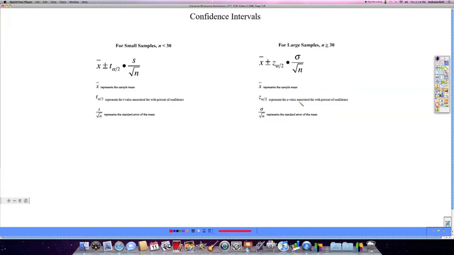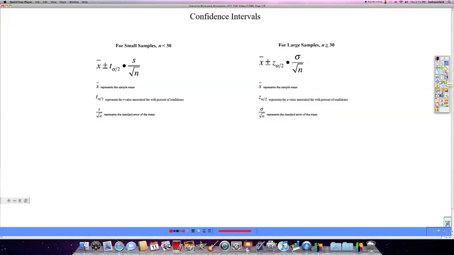But if we have 30 or more units of data, then we use the z-score. For a sample that has less than 30 units of data, and so that would be anything from 1 to 29, then we use the t-score. And we will talk more about this as we go. What I do want to point out right now is that the sample mean is here, and to that sample mean, we add and subtract this product.